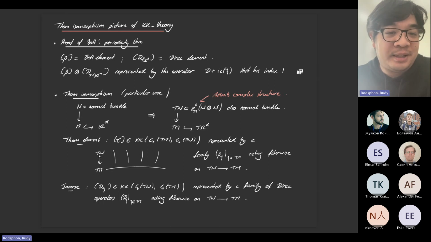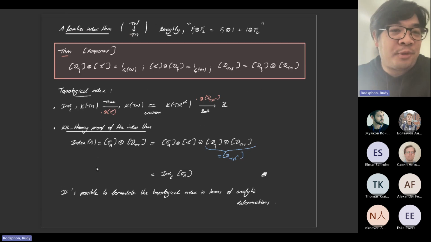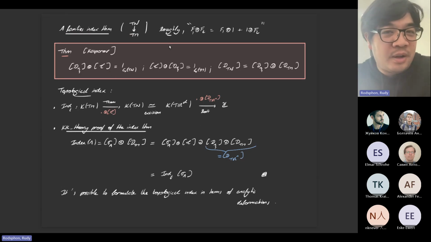Then you can pass from the K-theory of Tn to the K-theory of Tm this way. The way to make this precise is a theorem of Kasparov again, which says the following. Roughly, a Kasparov product resembles something like F1 tensor F2, which is roughly F1 tensor 1 plus 1 tensor F2. I'm lying a little bit here.